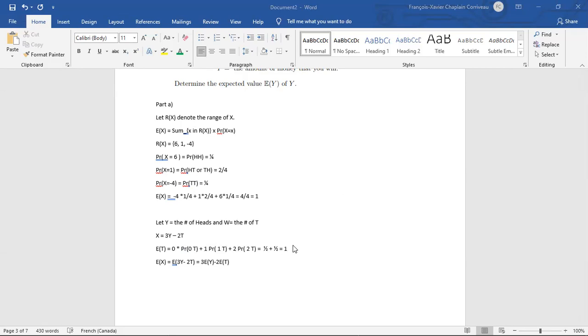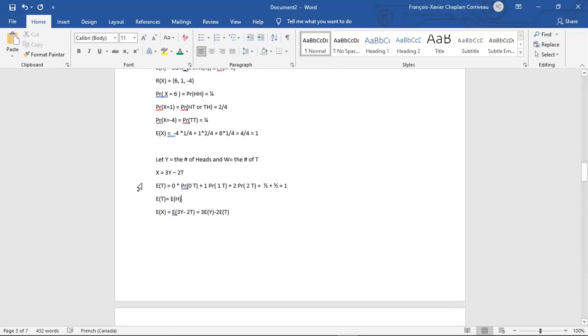Easy to make a mistake here. Now, the thing that you also observe is that the expected number of tails is equal to the expected number of heads. The coin is fair.